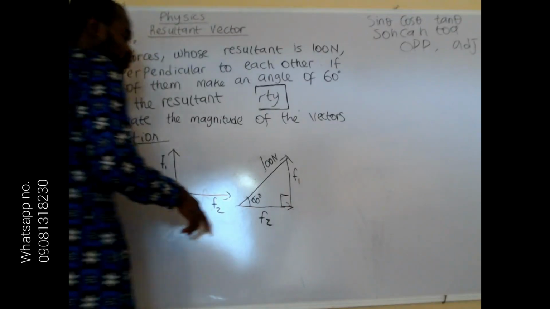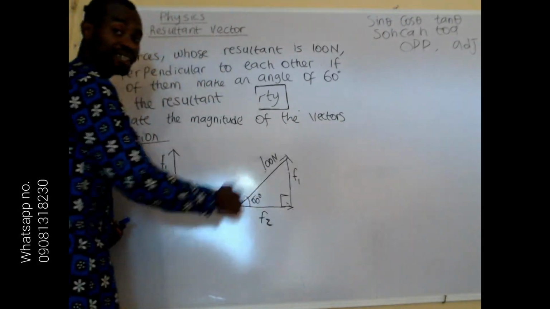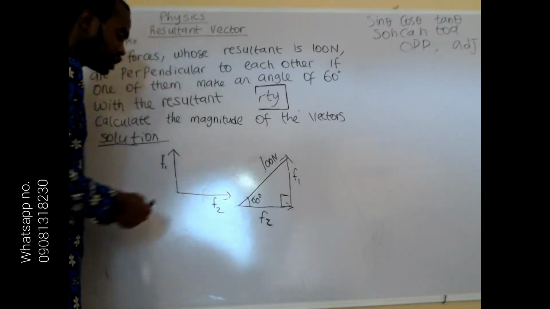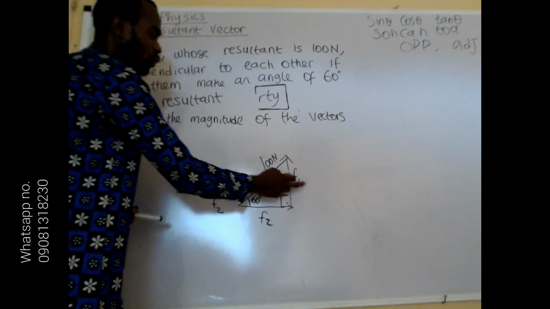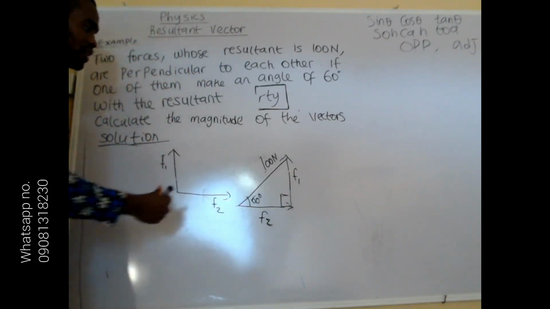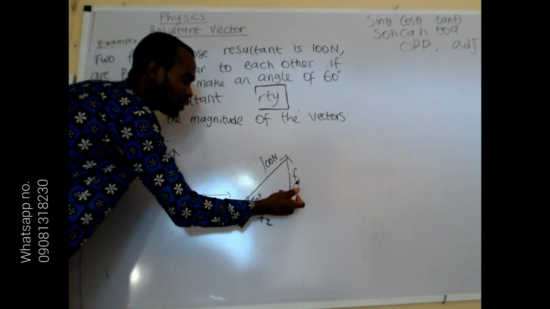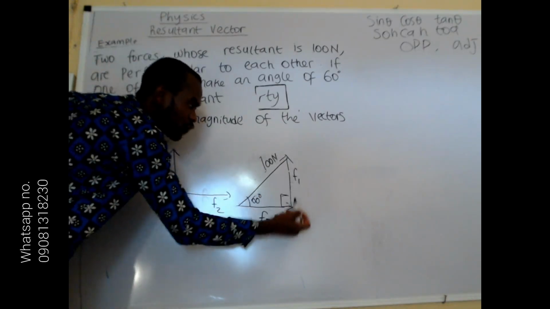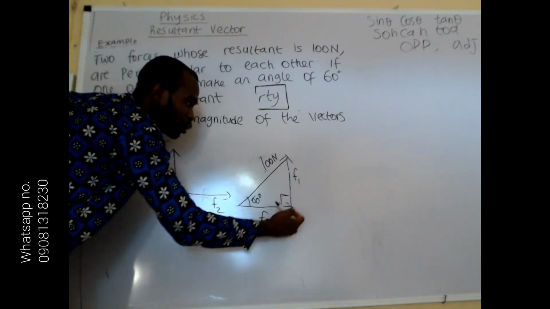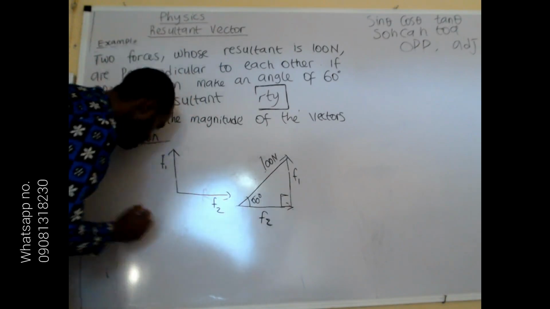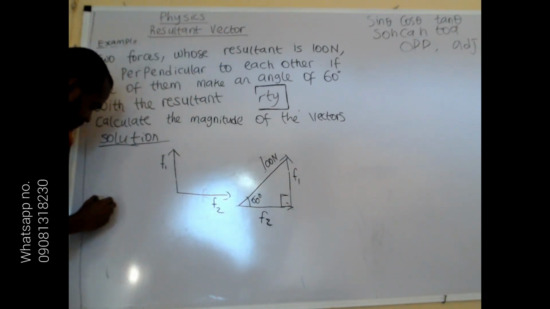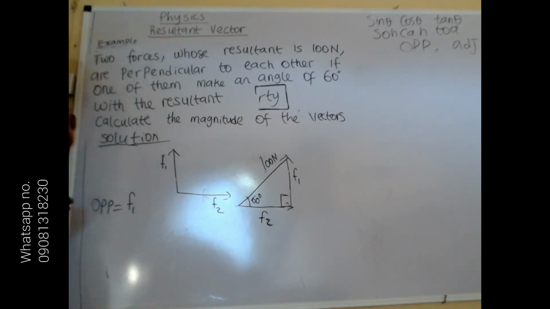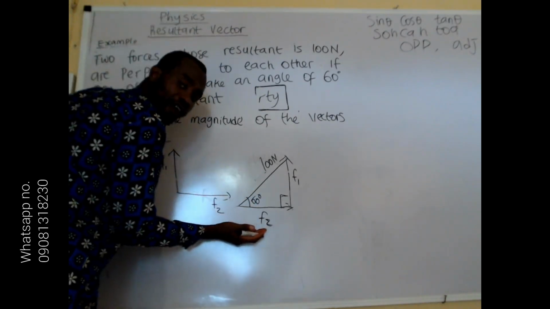Now let's start. This shape is a right angle triangle, so we use trigonometric ratios. We want to first of all solve for F1. Because you are looking for F1, with respect to this angle, F1 on this right angle triangle is the opposite side. You will not go for F2 first.